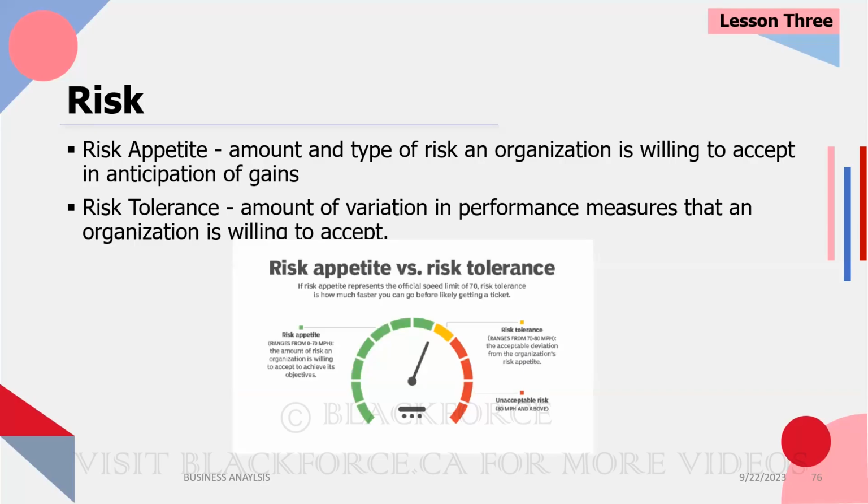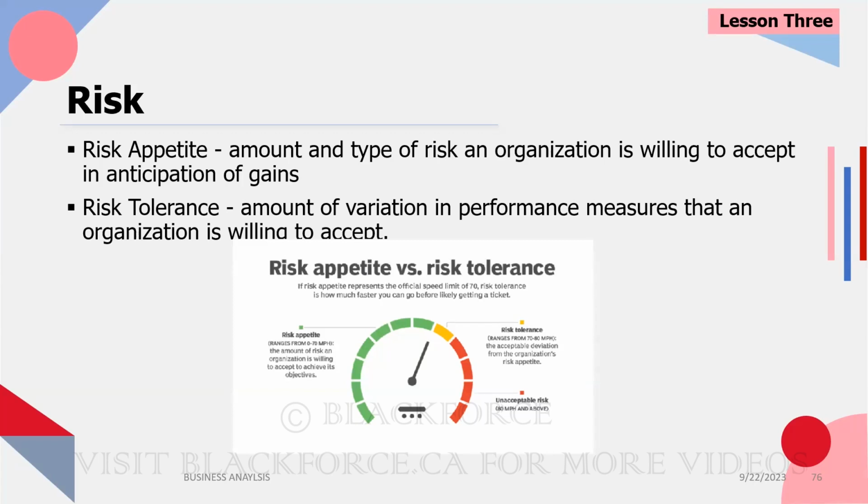What does that mean? If the road says 70 miles per hour is the speed limit, if you were doing 71, chances are you will not get a ticket. If you're doing 72, 73, you may not get a ticket. If you're doing 74 to 77, you may get a warning, right? Or maybe if you do up to 80, you may get a warning.